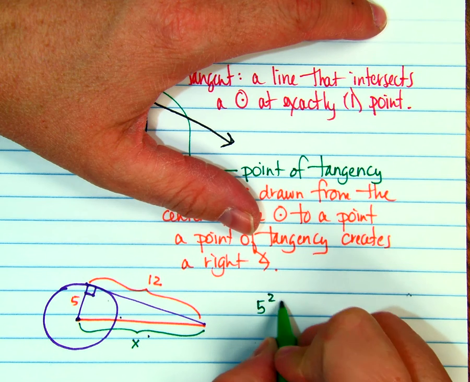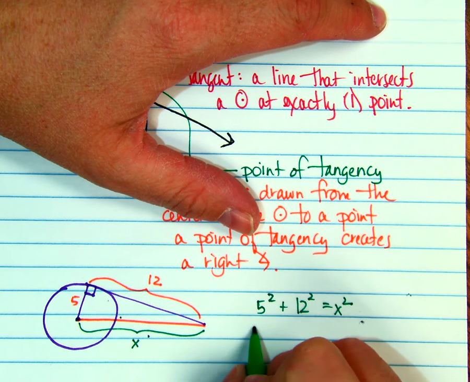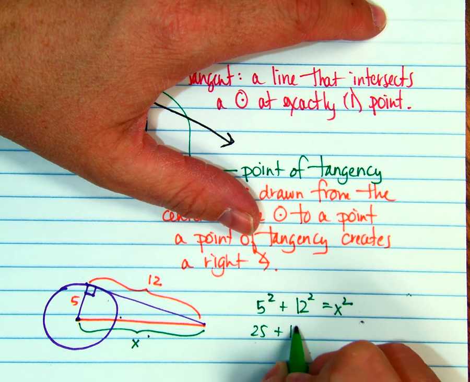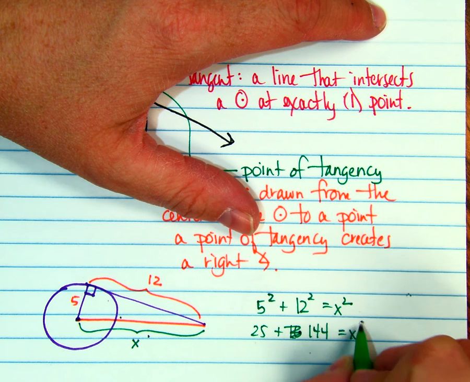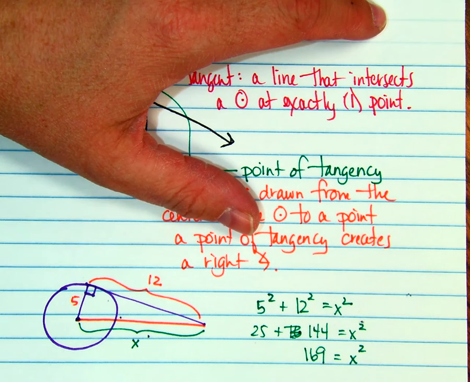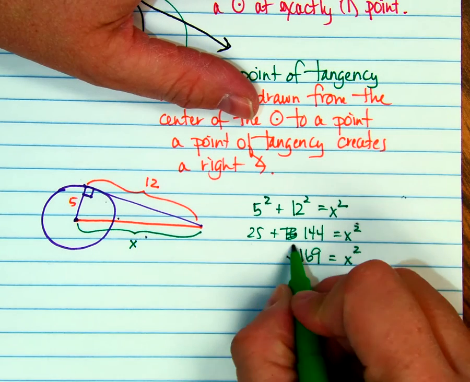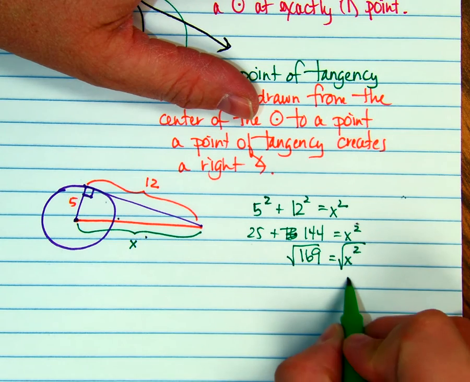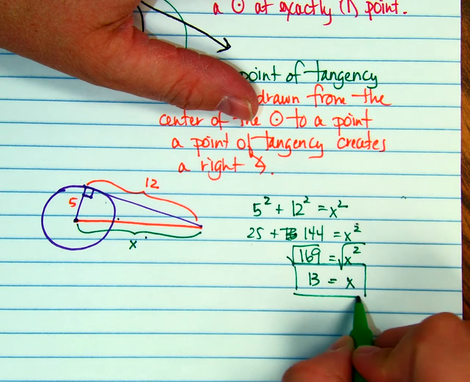So 5 squared plus 12 squared equals x squared. 25 plus 144 equals x squared. So 169 equals x squared. And then in order to solve for x, we're going to take the square root of each side. And we found x to be 13.